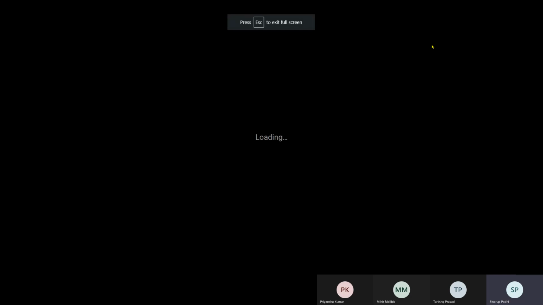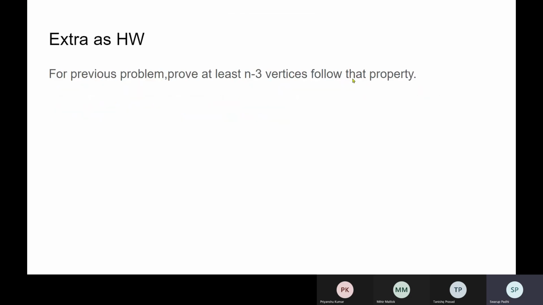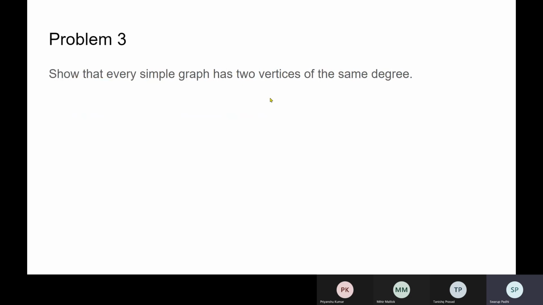It says that for the previous problem, prove that at least n minus 3 vertices follow that property. This is something you can keep thinking about, and if there is time at the end, we can discuss it, or I will post its solution. So let's move on to the next problem.